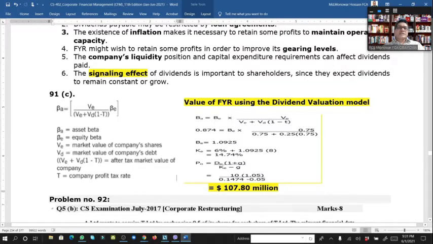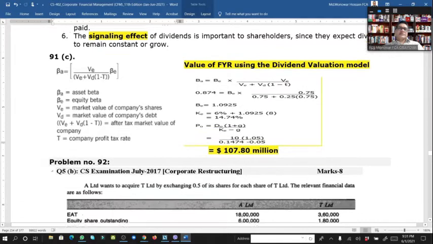So after tax market value of the company, T, that means company's tax rate. So based on that, putting all data here, then we will get this one, 107.8 million. So within this formula calculating here.